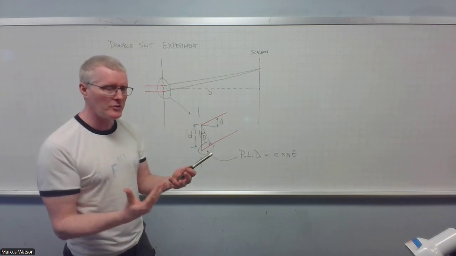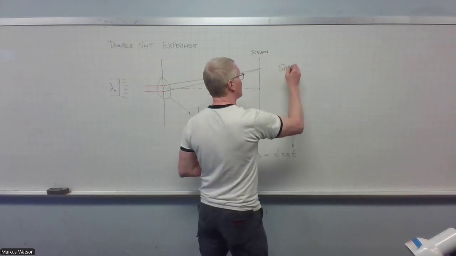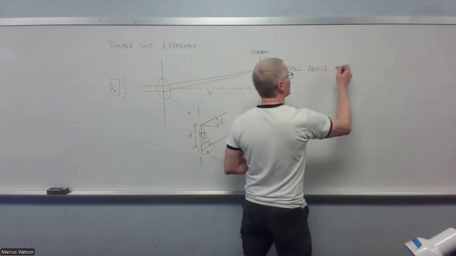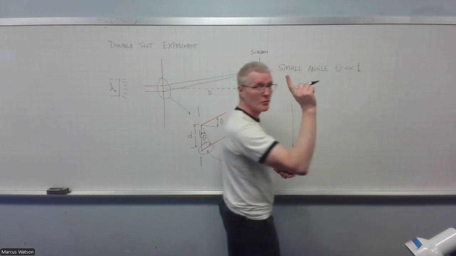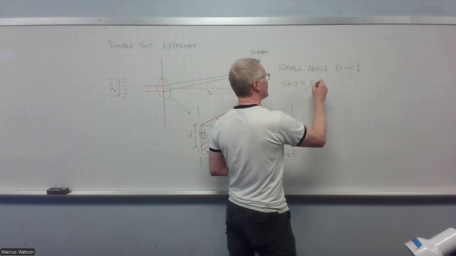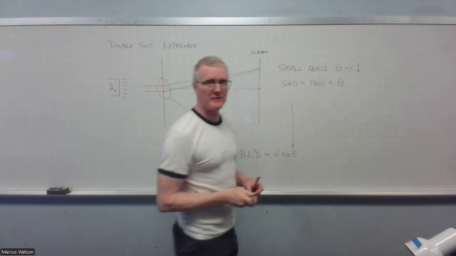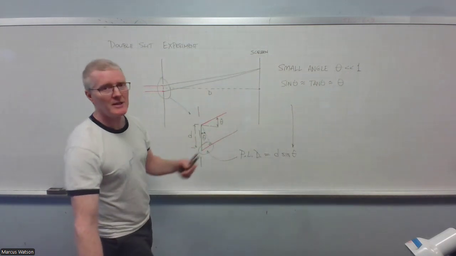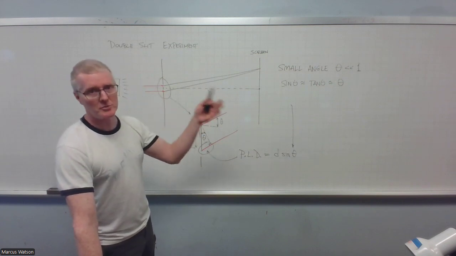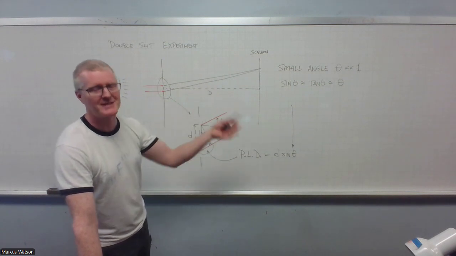So in the small angle approximation, theta is much less than 1, remember radians, so the sine of theta is approximately the same thing as the tangent of theta, and that's the same thing as the angle itself. If you look at the Taylor expansion of the sine, the first term is theta, and the next one is theta cubed over 3. So the next correction is a cubed small quantity, which is basically negligible.